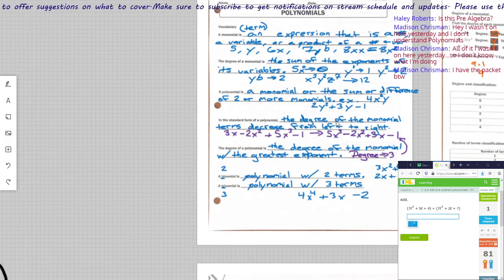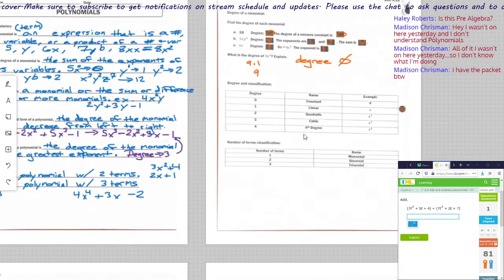Then we went off of naming the polynomial, so you focus on the degree. With the degree going from 0 to 4, you have constant, which makes sense because you don't have a variable that's affecting it.